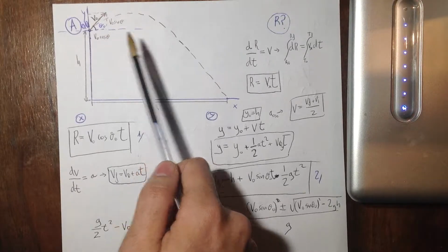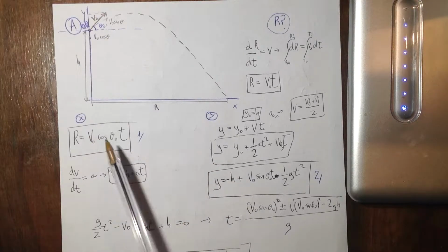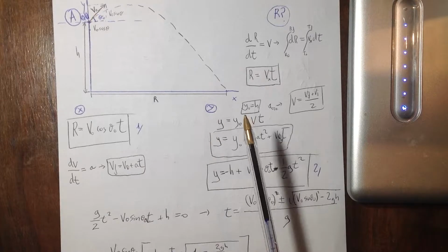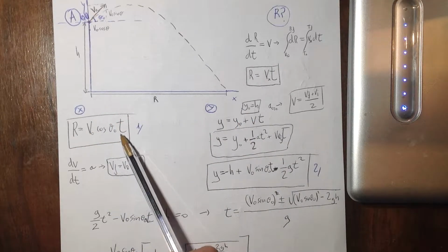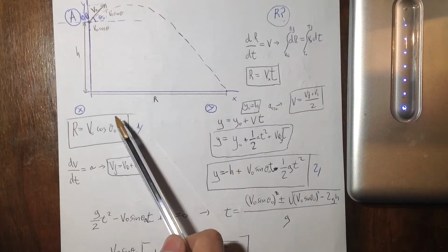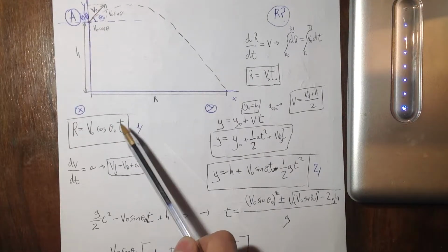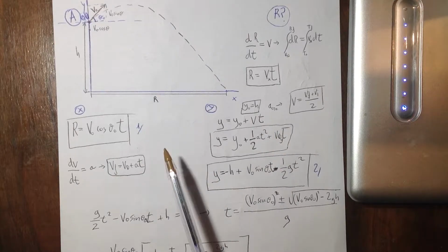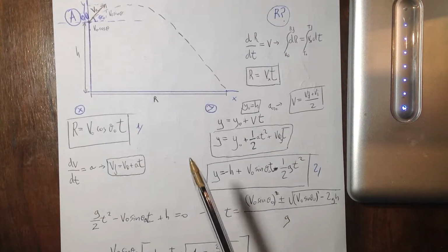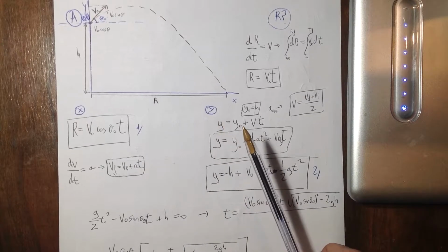So we have the first equation, and then we want to describe R, but right here we have the time, so we have to look for another equation that has time, plug it in, and solve for R. That's why we go to the y-axis.